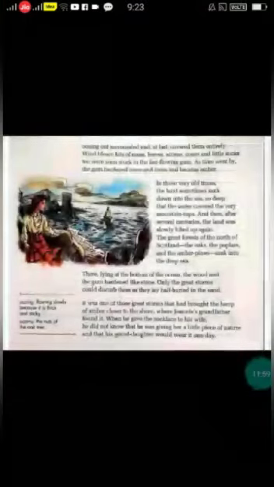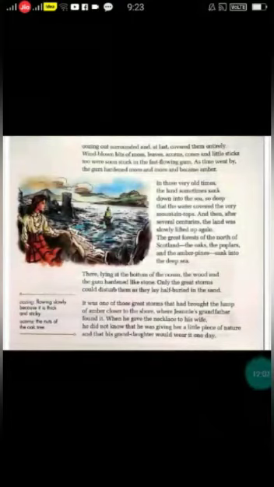It was one of those great storms that brought the lump of amber closer to the shore, where Jennie's grandfather found it.